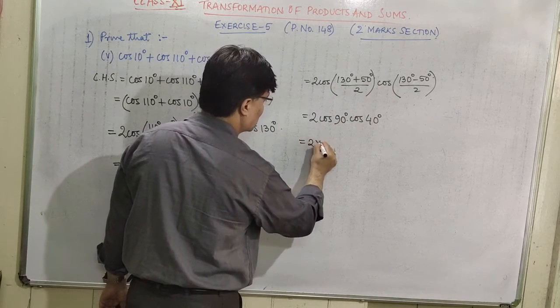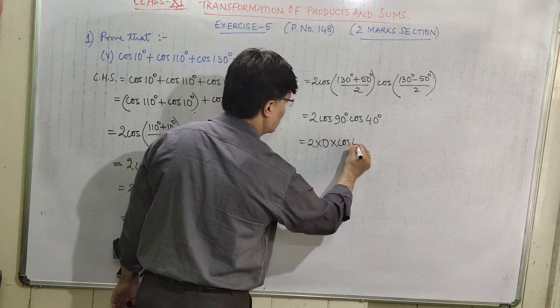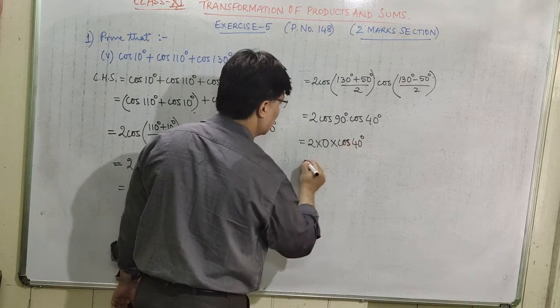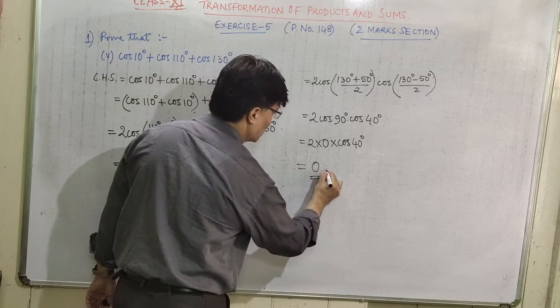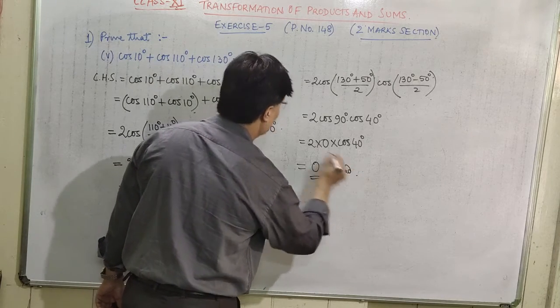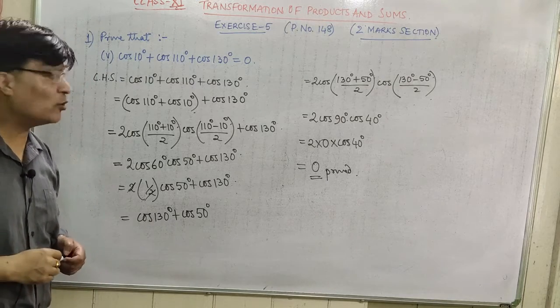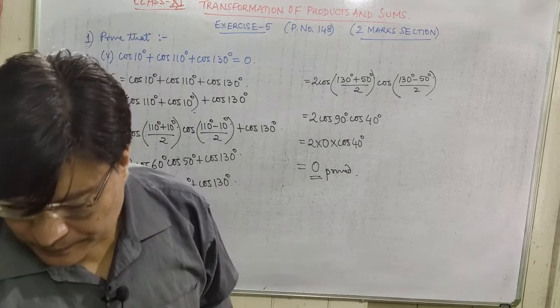Cos 90 is the standard angle, that is 0, into cos 40 degree. Is that clear? So what is the answer? The answer is 0. That is, LHS is equal to RHS, proved. Is that clear now? I hope you have understood it. Copy it. Now we'll do the next question.